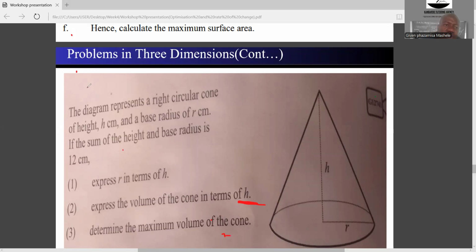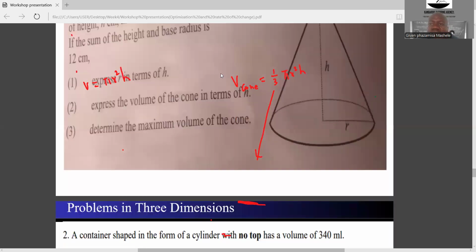If we know the volume of a cylinder is pi r squared h, then the volume of the cone, as I said, is 1/3 of the volume of a cylinder, which is just 1/3 pi r squared h. So you can rearrange this and maximize that. I believe you guys are following. So you must try that on your own. Then I will share part 2 of this video. That's where I will be doing the corrections with you.